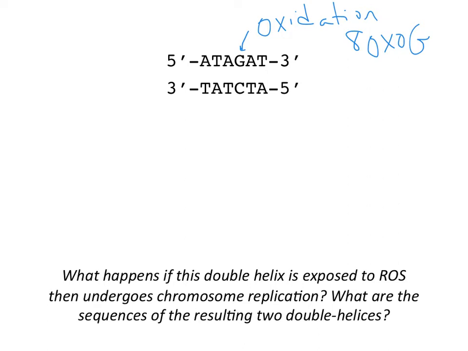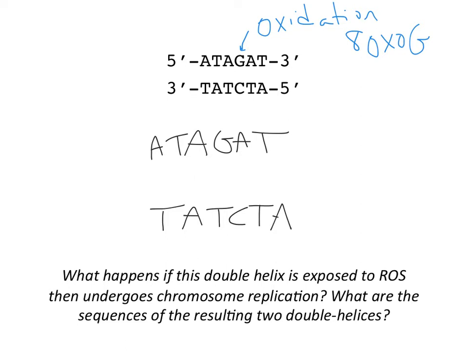What happens if this double helix, this pair of strands of DNA, is exposed to reactive oxygen species and then undergoes replication? So what's the first step in replication? You might remember this from previous classes, you might not. The first step is the two strands separate, denature, unwind, unravel, hydrogen bonds holding them together break.